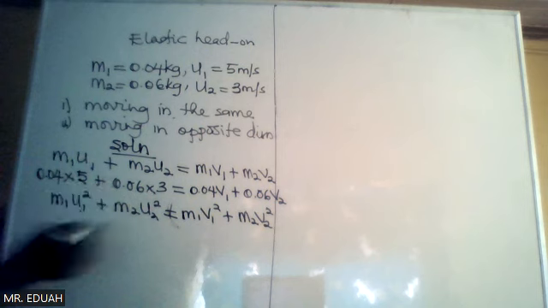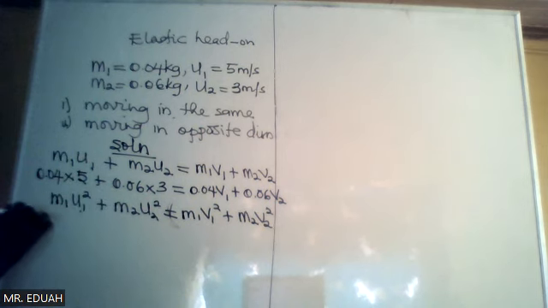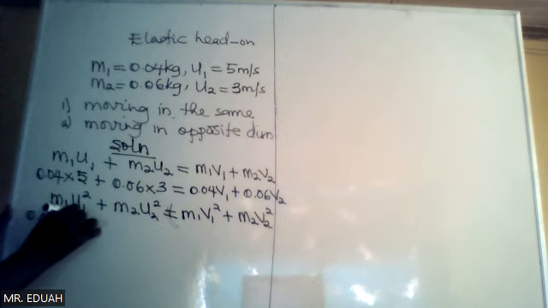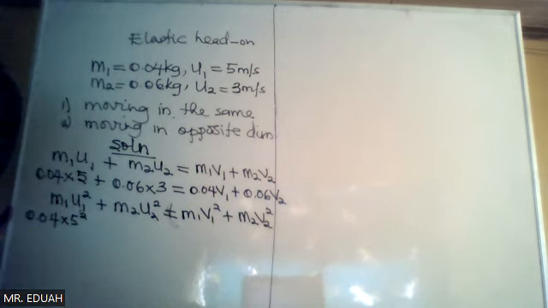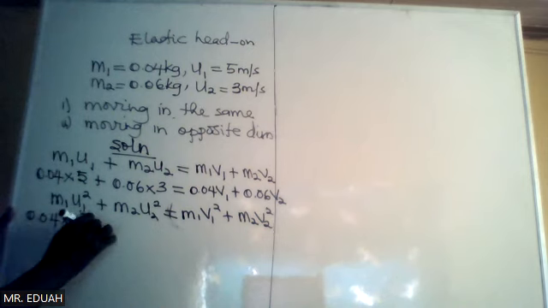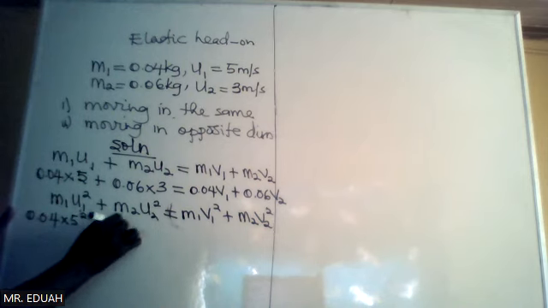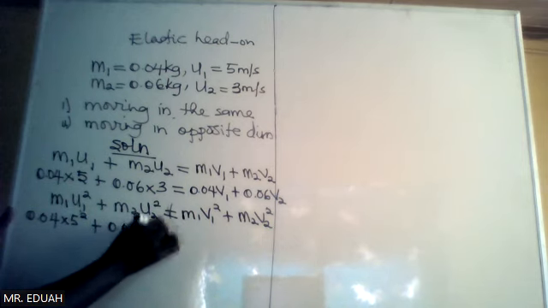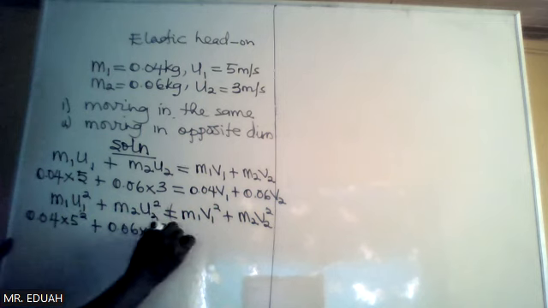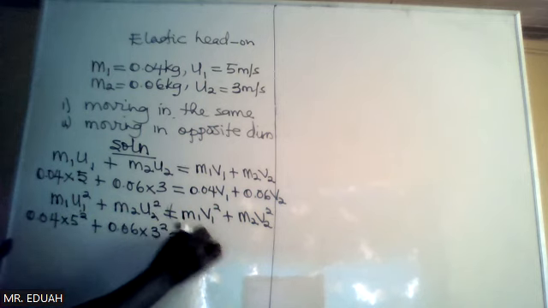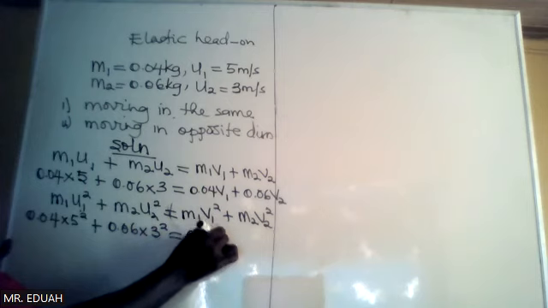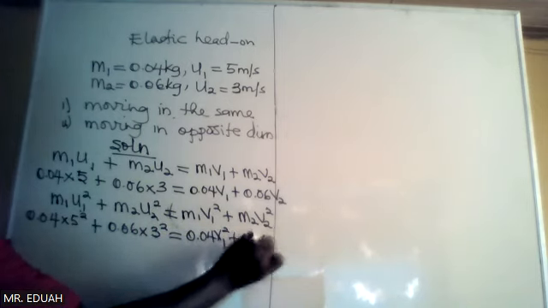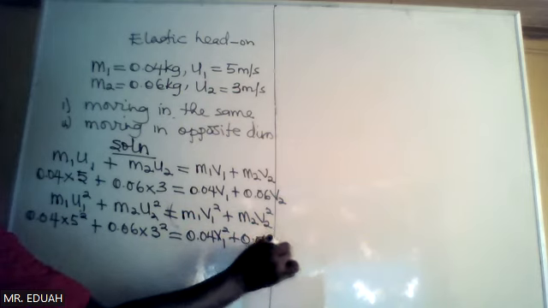So let's substitute our values. 0.04 times 5 squared plus 0.06 times 3 squared is equal to 0.04 times V1 squared plus 0.06 times V2 squared.